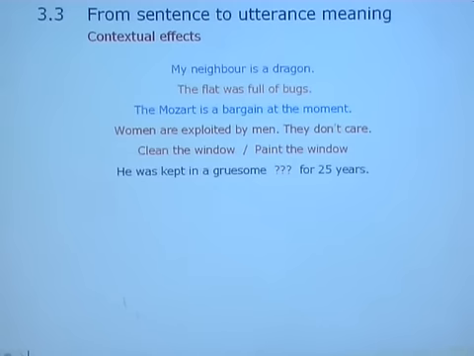The flat was full of bugs. Yes? Could be either insects or listening devices. Yes. So insects or listening devices. What do we call this? That words have, we talked about it last week, right? Bug.